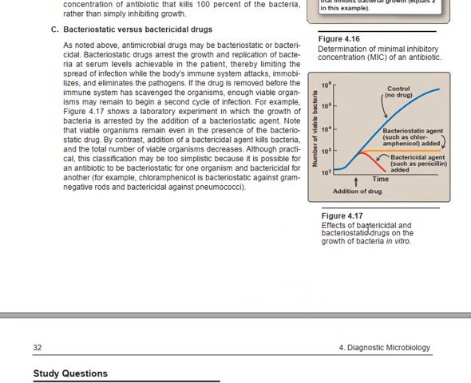So the next one is control, no drugs. So this one is the effect of bactericidal and bacteriostatic drugs on growth of bacteria in vitro. Is it clear? So this is the bactericidal drug. So the bactericidal drug here is going to decline the microorganism. An example of a bactericidal drug we have is penicillin. It's going to decline the microorganism. Is it clear?